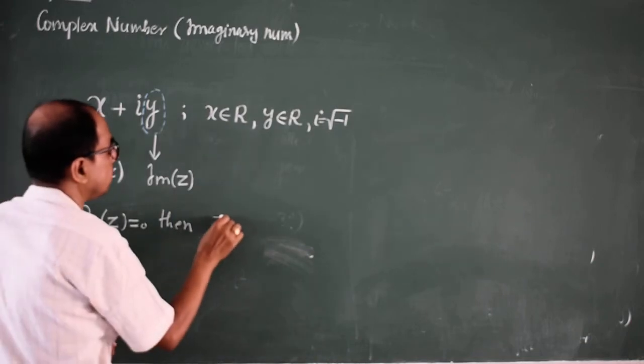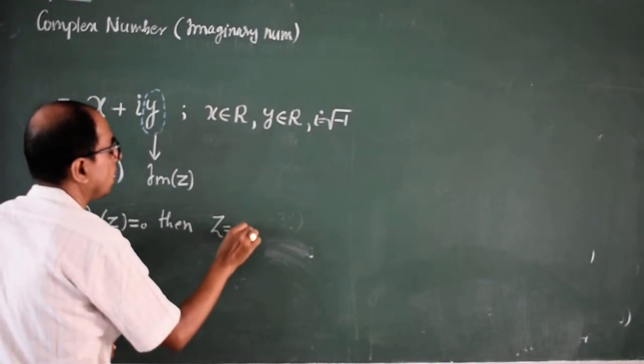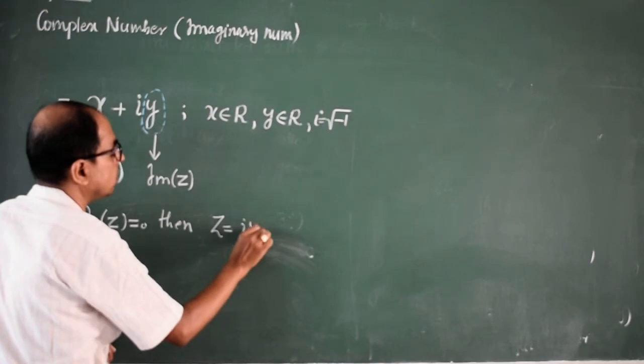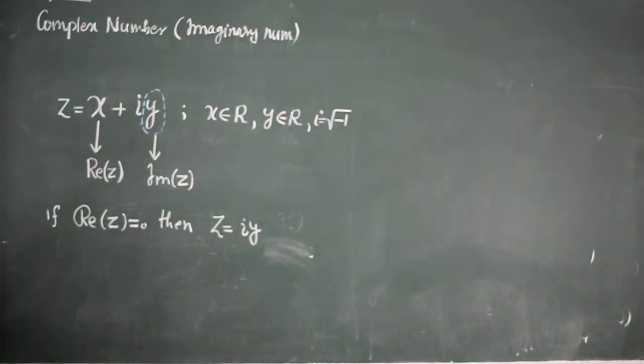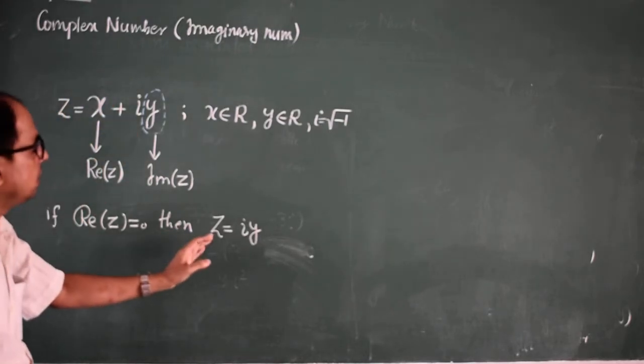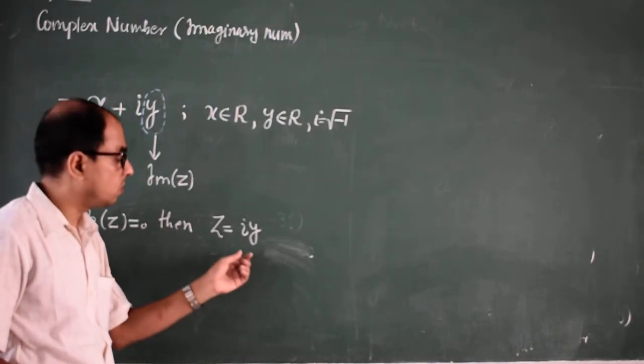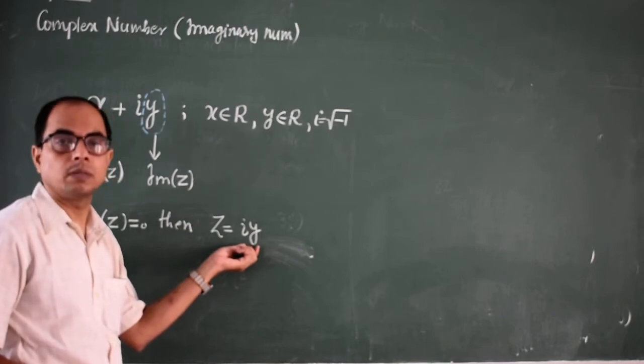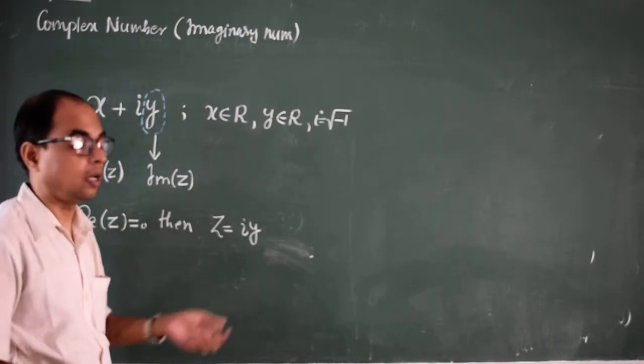This type of complex number is given a special name, and it is called a purely real complex number. If the real part of z is 0, then z equals iota y only.